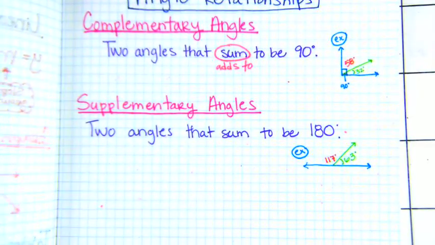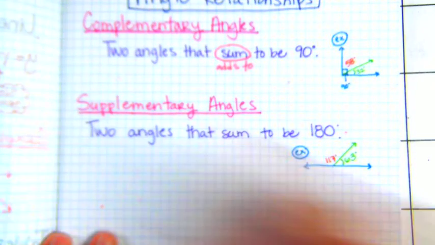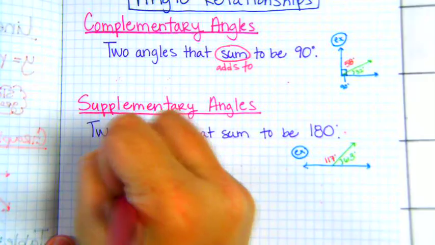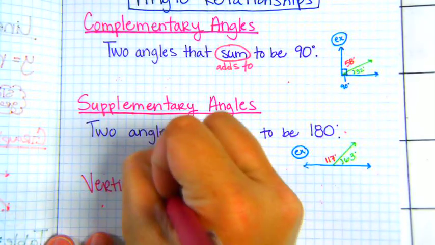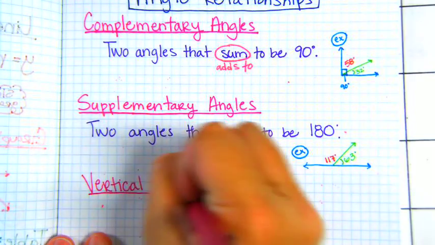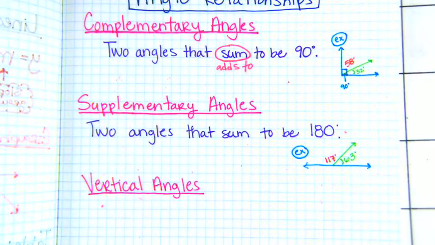So we have complementary, supplementary. Now we're going to talk about vertical angles. And the definition for vertical angles is a little complicated, so I'm going to write it down and then I'm going to explain it.